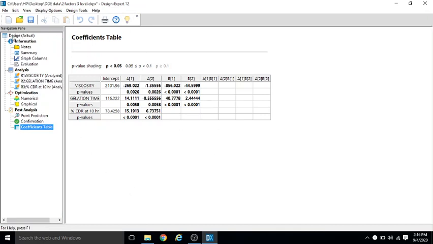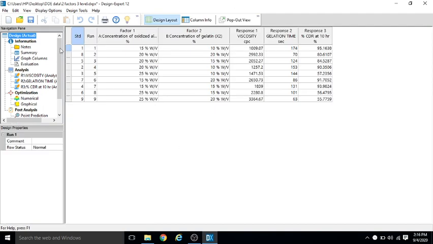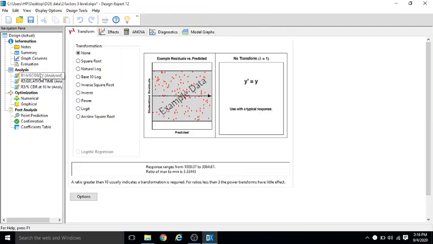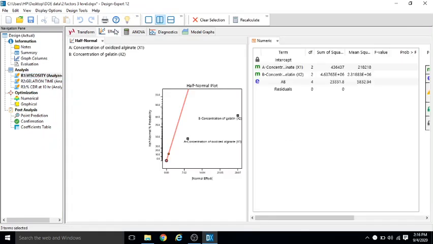So very quickly, this is your design. When you click on summary, this would give you an idea of what you have selected so far. Then click on analysis, go for transformation none, effect. So concentration of gelatin is the more prominent effect on the viscosity.